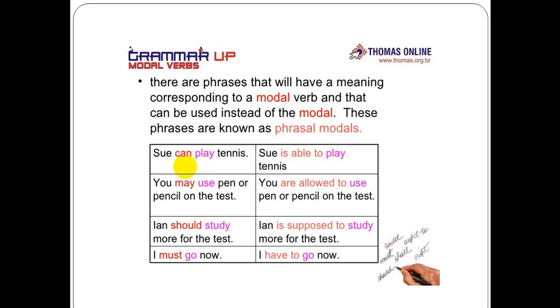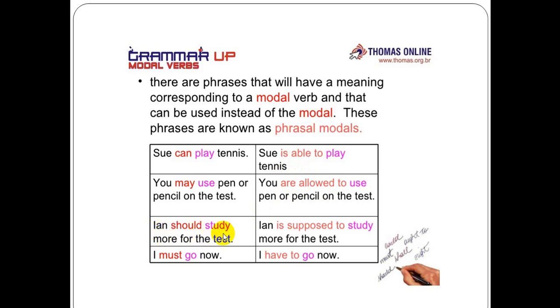Here, instead of may, the phrasal modal is "allowed to." "You may use pen or pencil on the test." This means that you are allowed to use pen or pencil on the test. Are, the verb to be, plus allowed to. This is the phrasal modals.